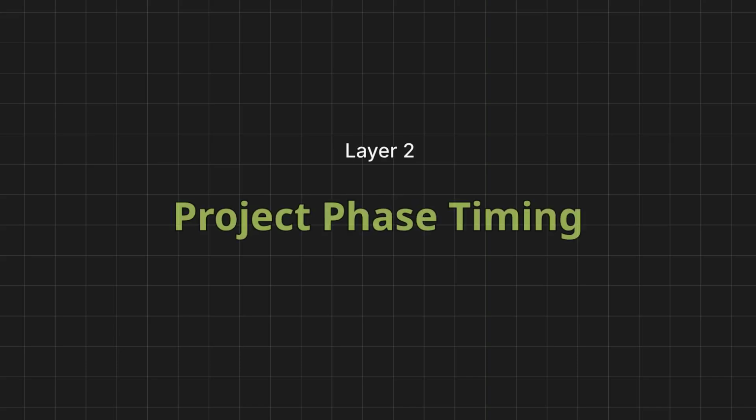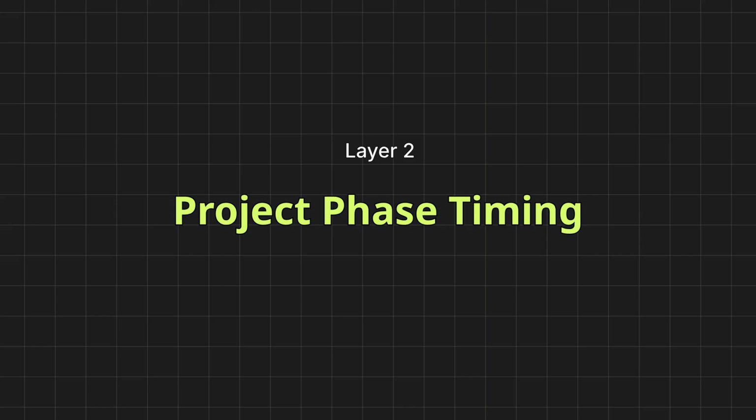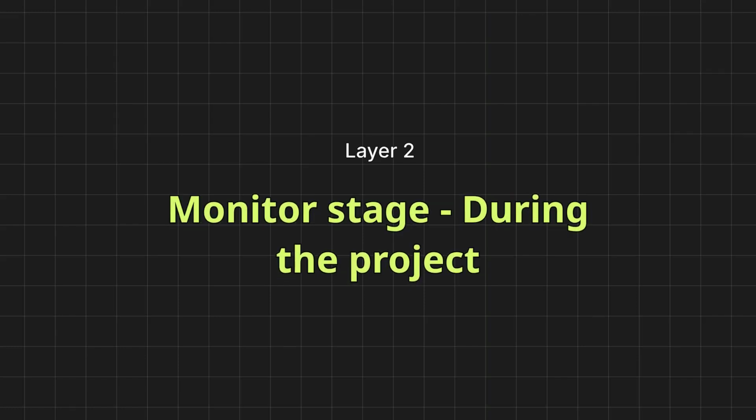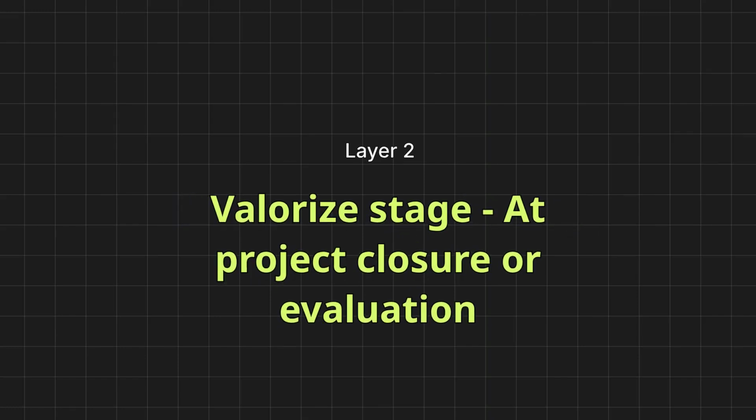Layer 2 relates to project phase timing, which involves determining when a project management practice occurs: prepare stage, i.e., before execution, monitor stage, i.e., during the project, or valorize stage, i.e., at project closure or evaluation.